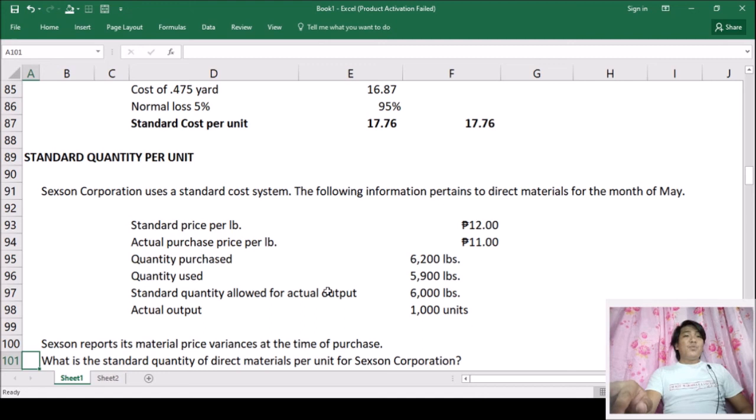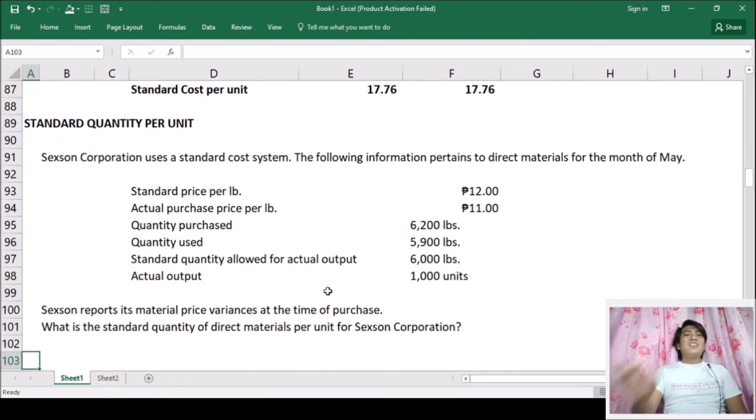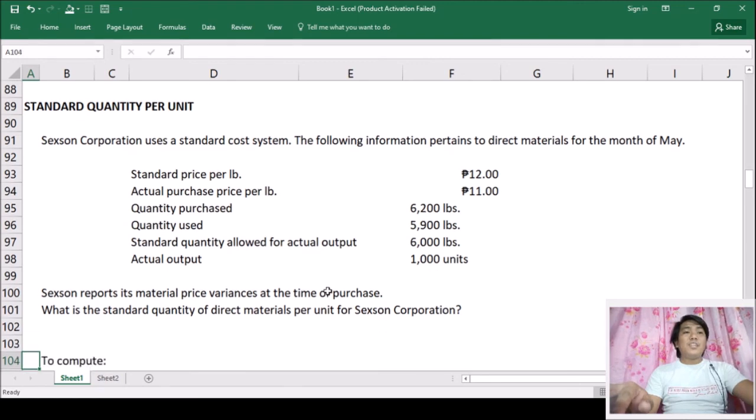The quantity purchased is 6,200, the quantity used is 5,900, and the standard quantity allowed for actual output is 6,000, and the actual output is 1,000 units. Saxon reports its material price variance at the time of purchase. What is the standard quantity of direct materials per unit for Saxon Corporation?